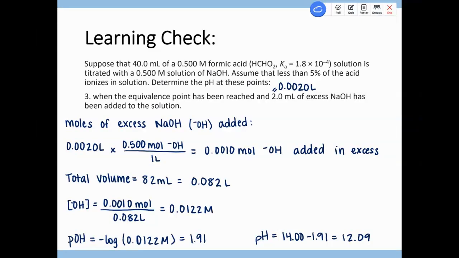If you have a weak acid that's being titrated with a strong base, then you use Kb. If you have a weak base being titrated with a strong acid, so the two are switched, then you use Ka at the equivalence point.